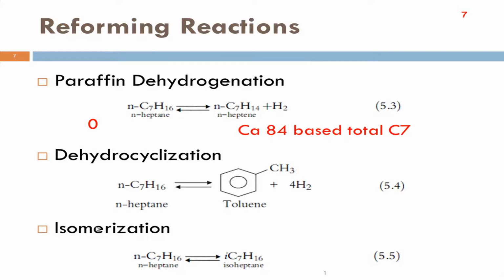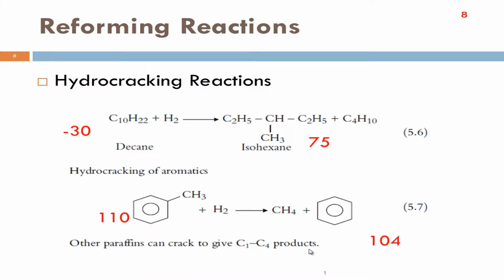The last one that we will talk about is isomerization. The isomerization can change normal paraffin to isoparaffin. This reaction can also take place in reforming because it can boost the octane number from -30 to 75.